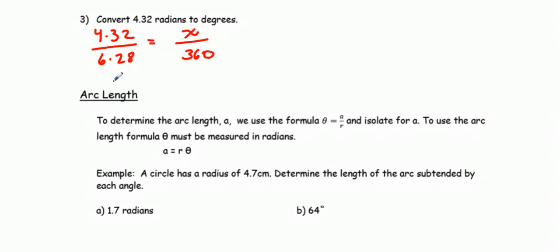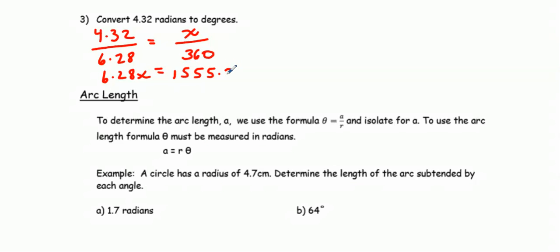Okay, so I'm going to just cross multiply 360 times 4.32. That's big. 1555.2.